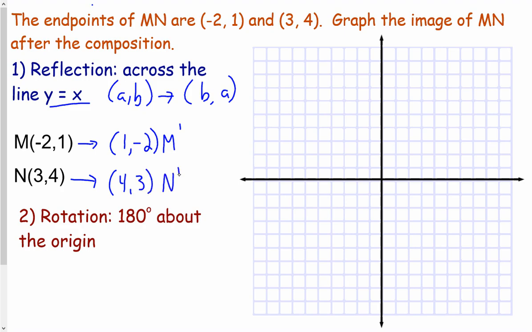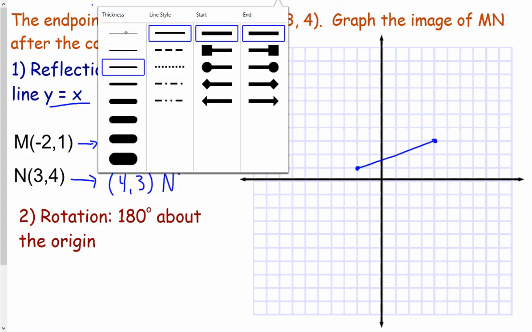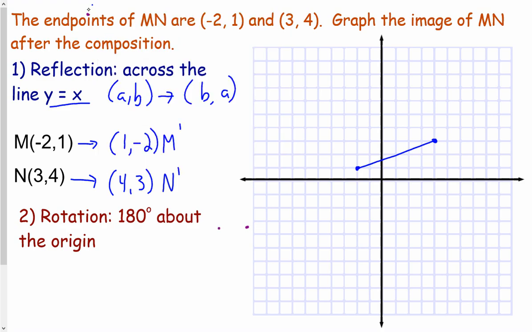So again, graph our original. It's just a segment, negative 2, 1, 3, 4. This segment here. And now, graphing our new points, I'll switch colors here. We're now going to be at 1, negative 2, and 4, 3.